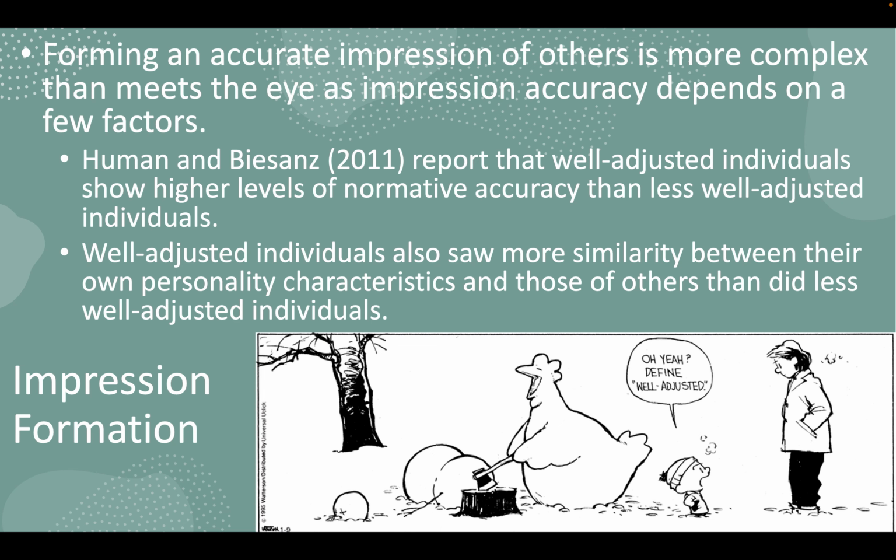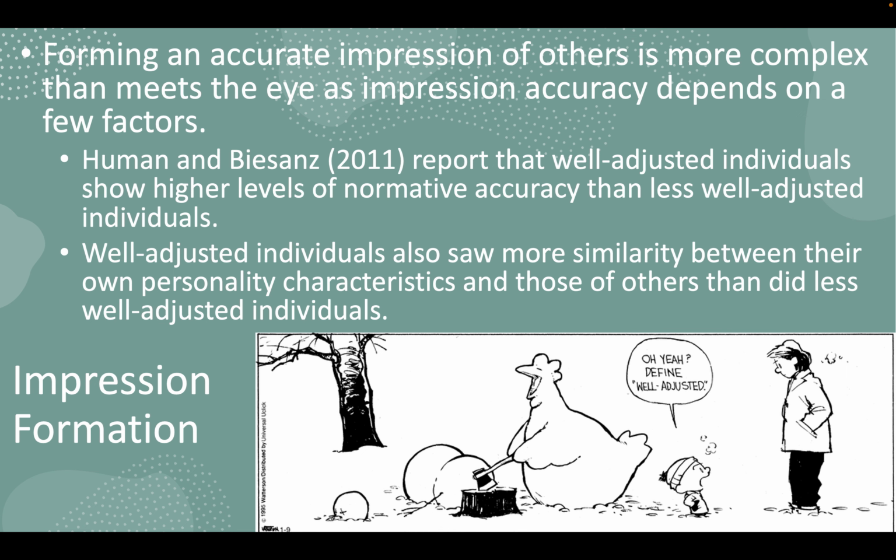Forming an accurate impression of others is more complex than meets the eye, as impression accuracy depends on a few factors. Human and Bisanz in 2011 report that well-adjusted individuals show higher levels of normative accuracy than less well-adjusted individuals.